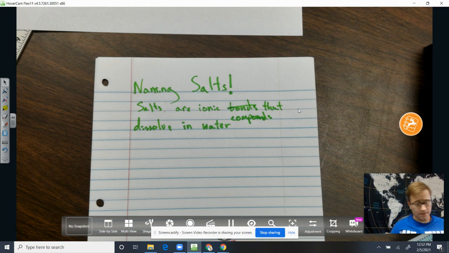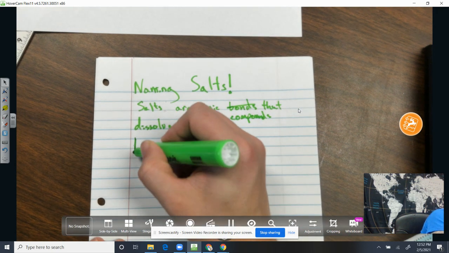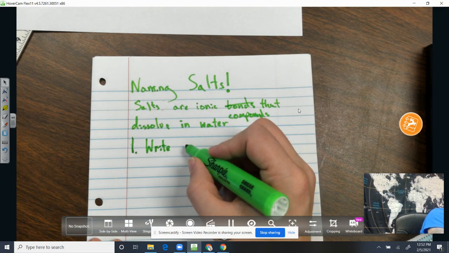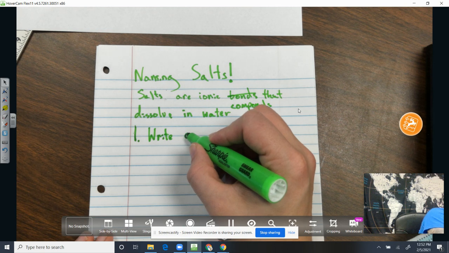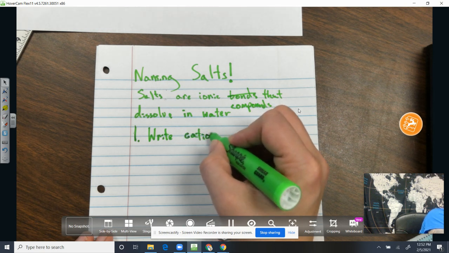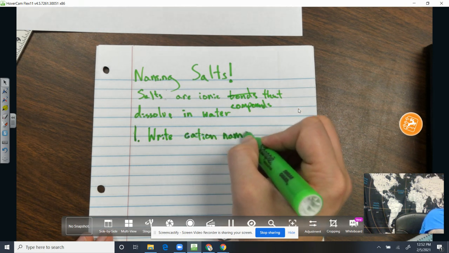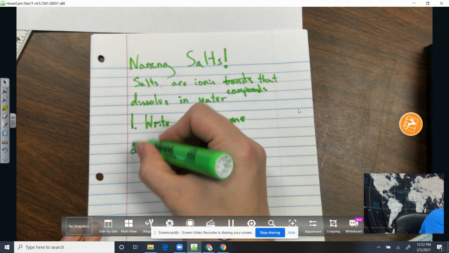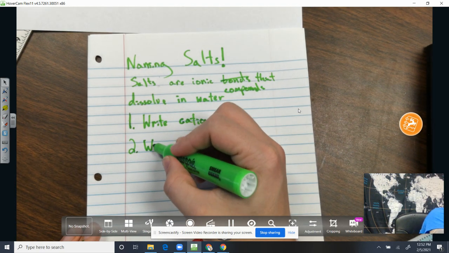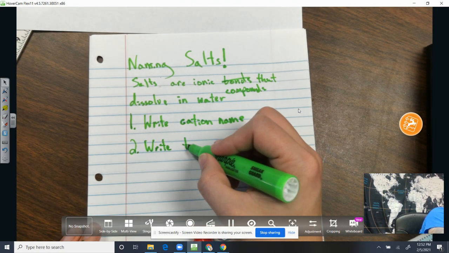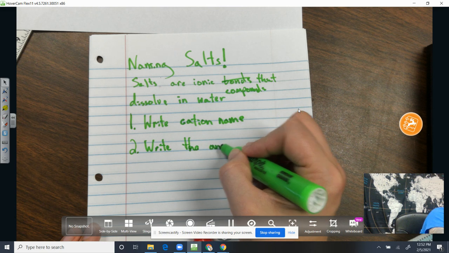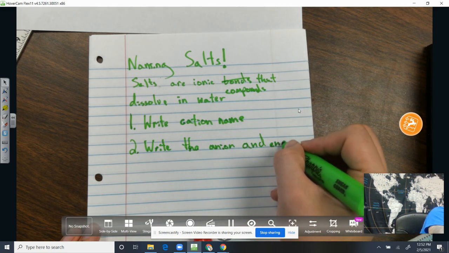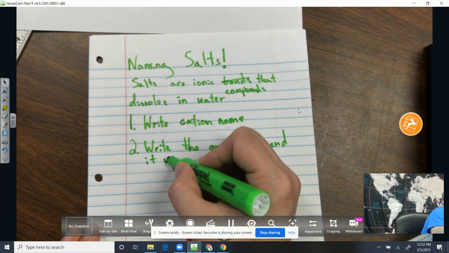The first thing you need, write the cation name, sorry. Write the cation name. Second step, write the anion and end it with "ide."